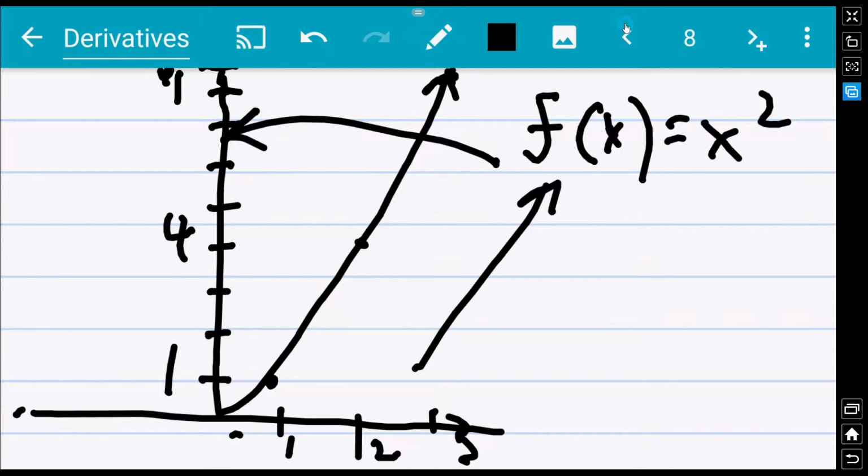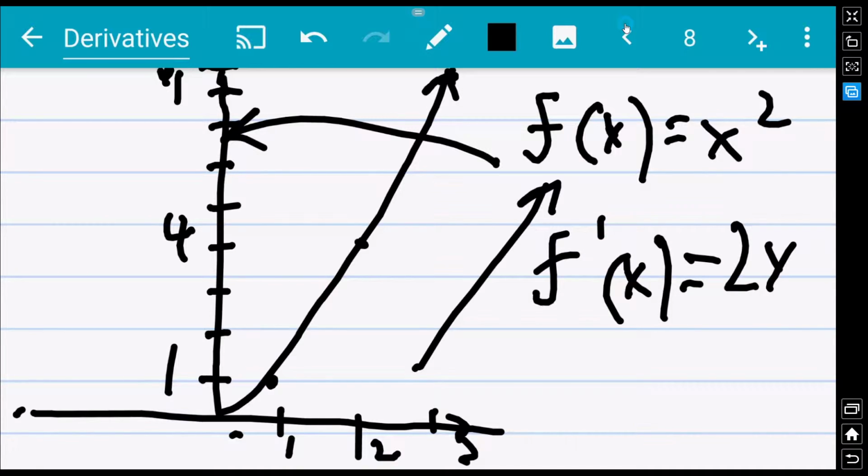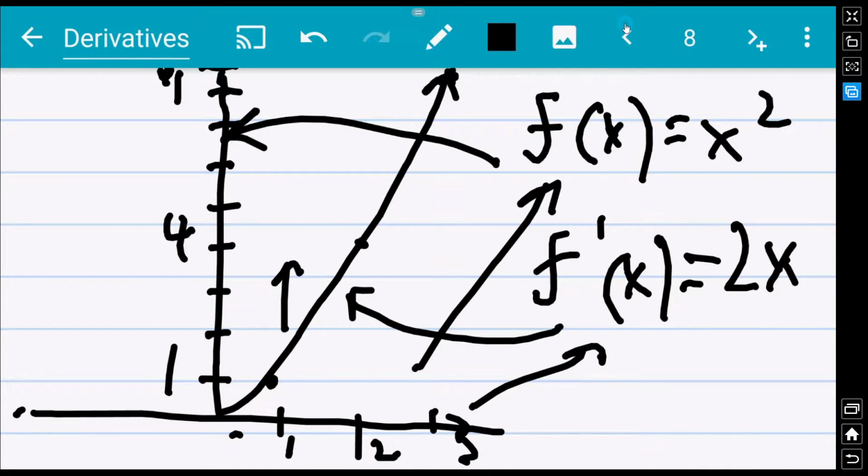Now, for a derivative, f prime of x, which equals 2x, if you sub in the x value, you'll get this rate of change. So the rate of change will be what determines how fast this increases, how fast the curve goes up by.